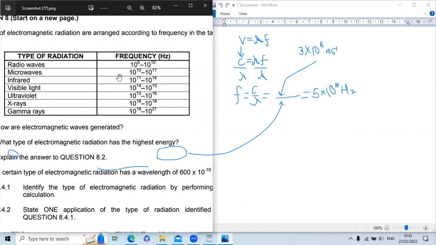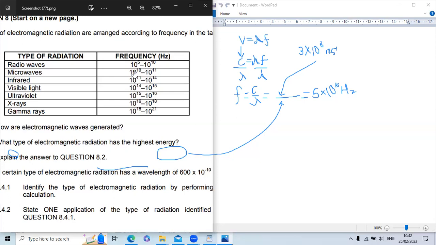And then microwaves take from 1 times 10 to the exponent 10 to 1 times 10 to the exponent 11. Those are your microwaves. And infrared waves have a frequency of whatever times 10 to the exponent 11 to whatever times 10 to the exponent 14.